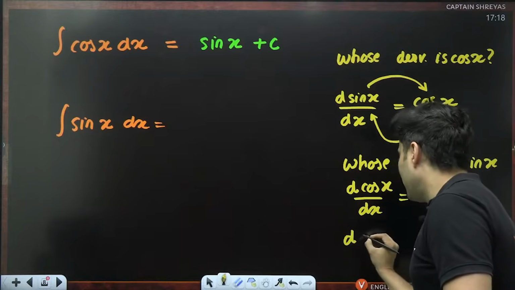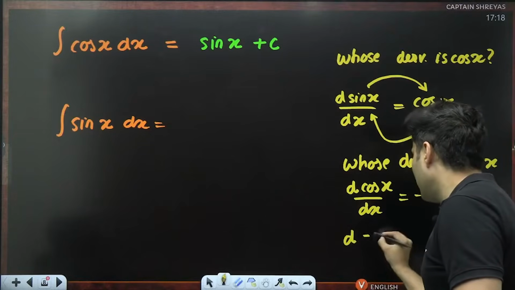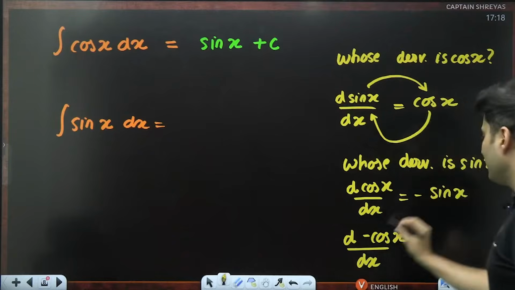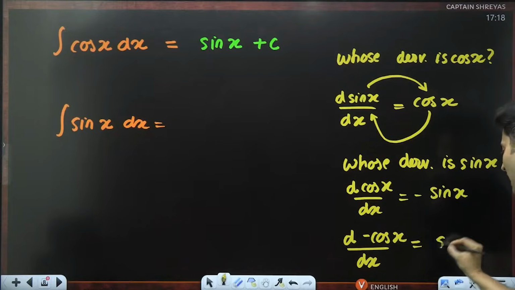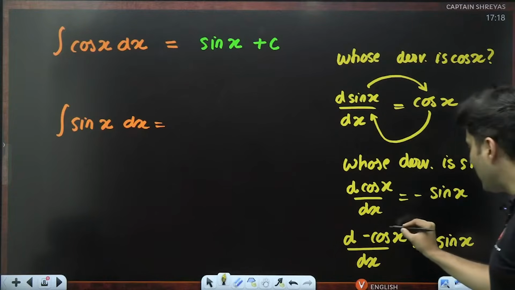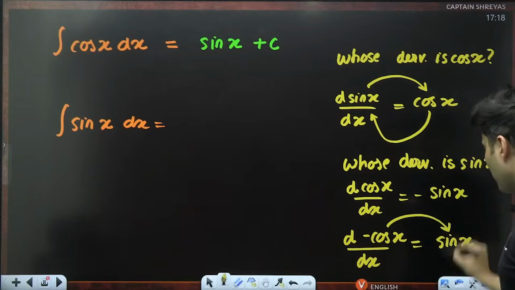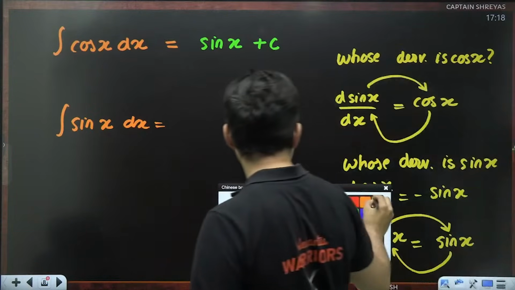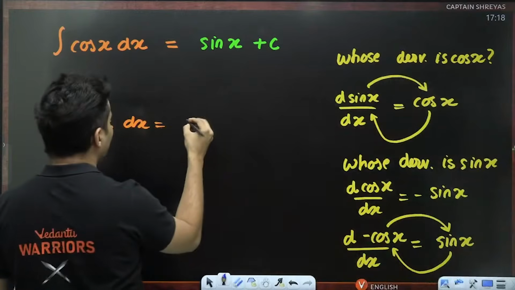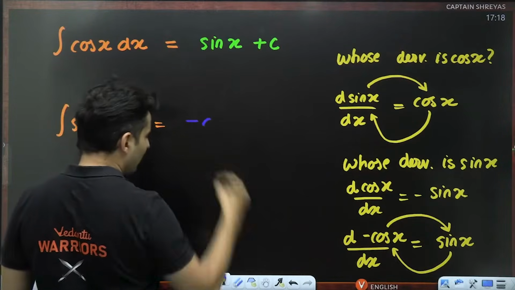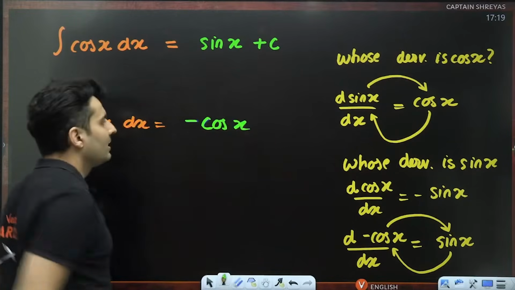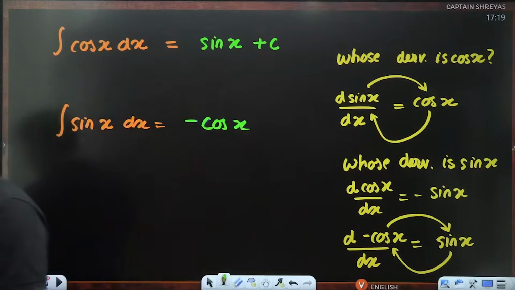So what if I took the derivative of minus cos x with respect to x? Well, this minus and this minus would cancel, and I will just get sine of x. Is that right? So if the derivative of minus cos is sine, hence the integration of sine should be minus cos. Hence the correct answer for this particular problem should be nothing but minus cos x. Is that absolutely clear, my dear warriors?